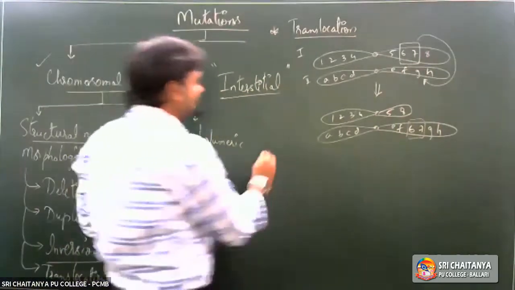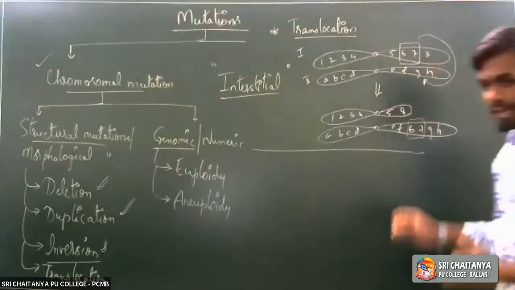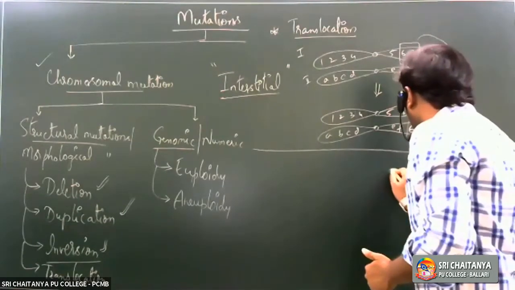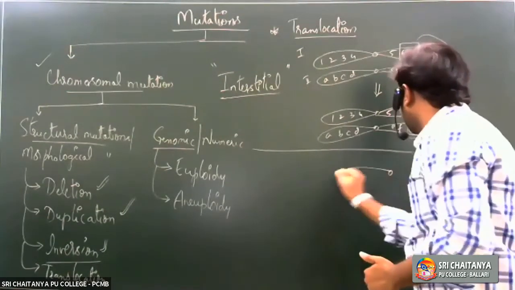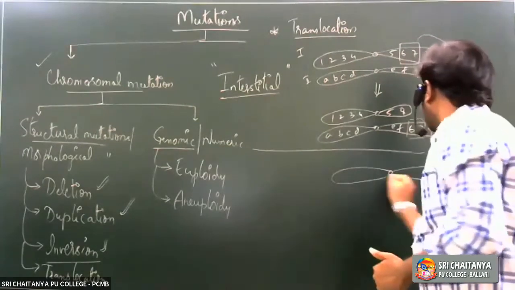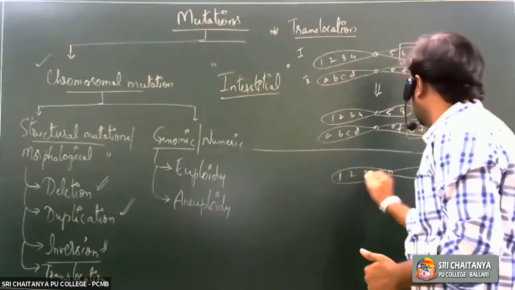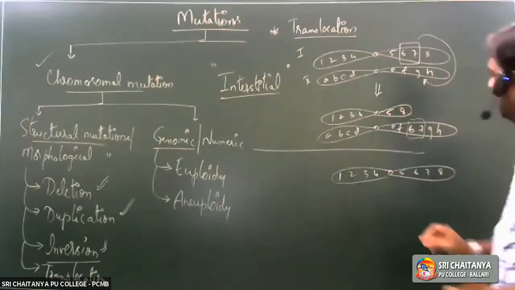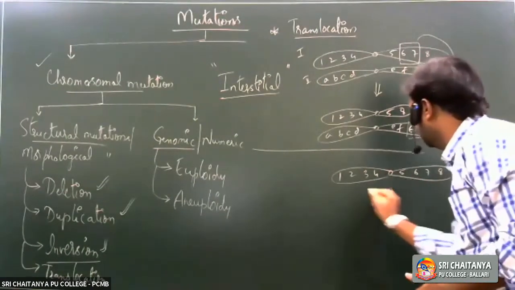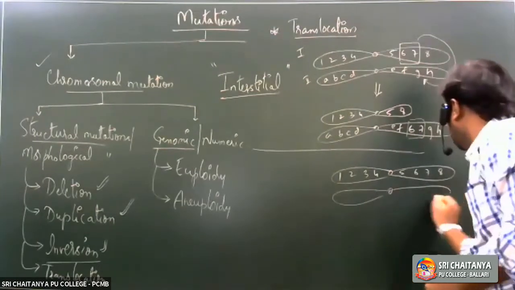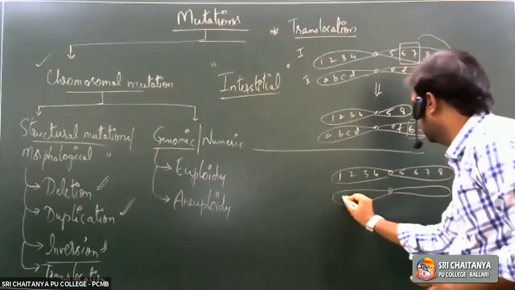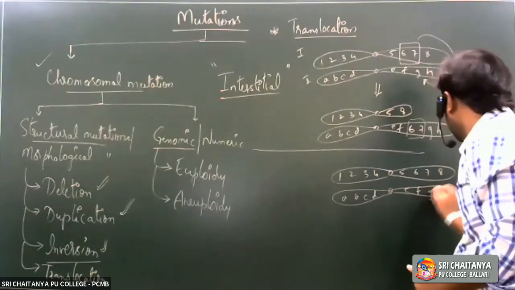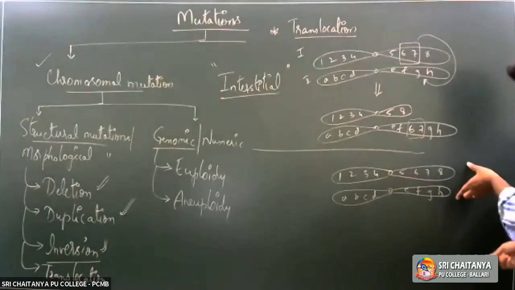The second type under translocation, what happens here again? The same thing, there is a homologous chromosome here, 1, 2, 3, 4, 5, 6, 7, and 8. Then there is another chromosome here, a homologous pair. So this would be A, B, C, D, E, F, G, and H. So this is the homologous pair.